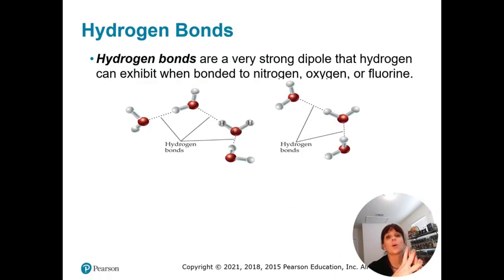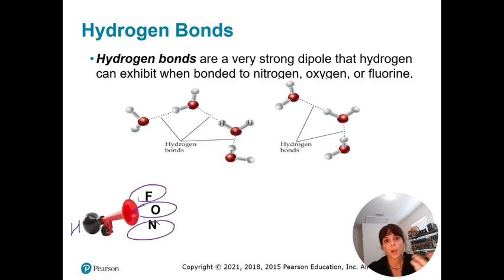mainly when you talk about geometry. And some dipoles are so strong that they deserve a different name. We call them hydrogen bonds, which occur in molecules where we have hydrogen bonded to fluorine, oxygen, or nitrogen. Why does this happen? Because fluorine, oxygen, and nitrogen are the most electronegative elements in the periodic table.